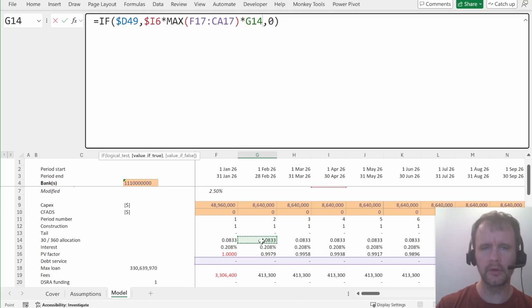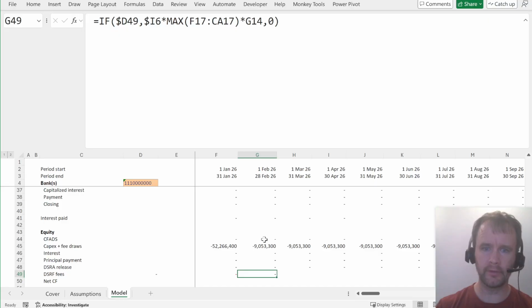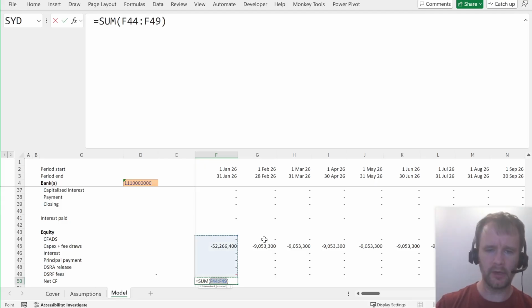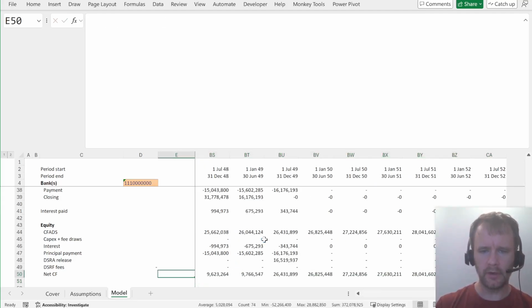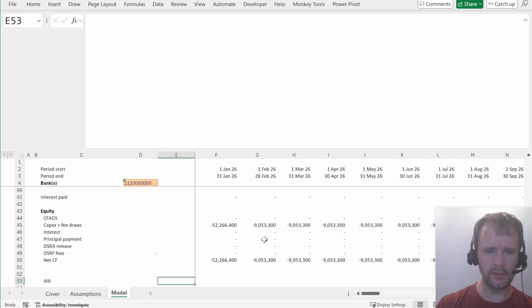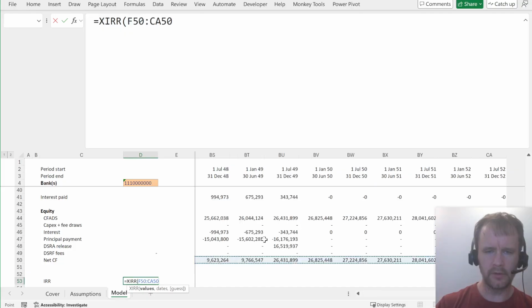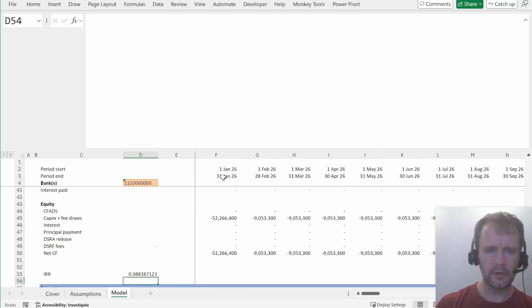We're in February, because that is going to be divided by 12 for the construction period and divided by 2 for the operation period. Yes, I can speak. Okay, so then finally we add all those together, we get our net cash flows, and we calculate an equity IRR, XIRR of these values and these payment dates. Everything is end of a period.